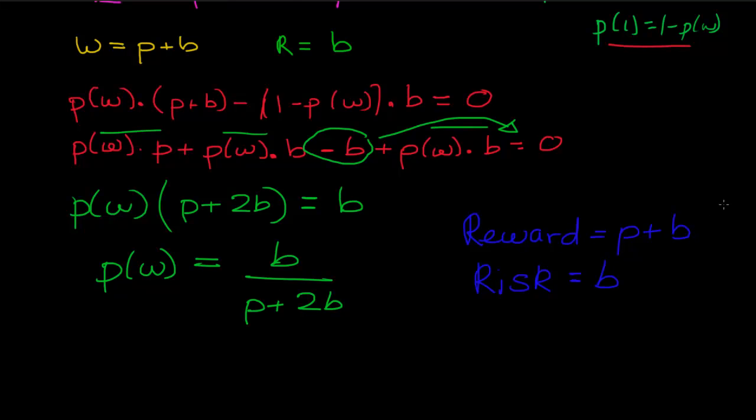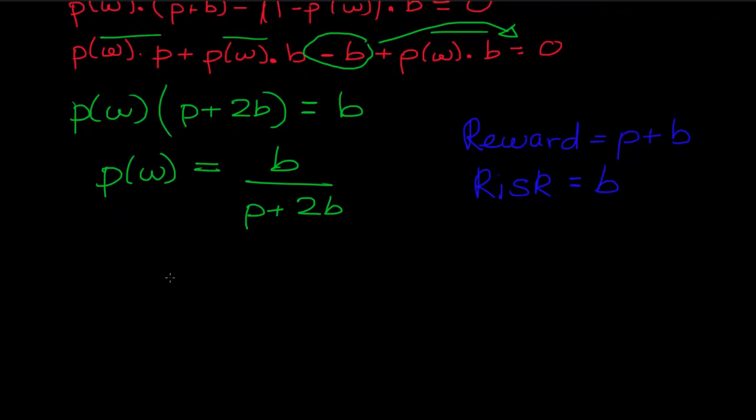At the top we've got b, and we've got risk here, which also equals b, so the probability of winning equals risk over, and then we've got a p plus b term here, plus another b on the end, because I just want to write this out, p plus b equals p plus 2b.